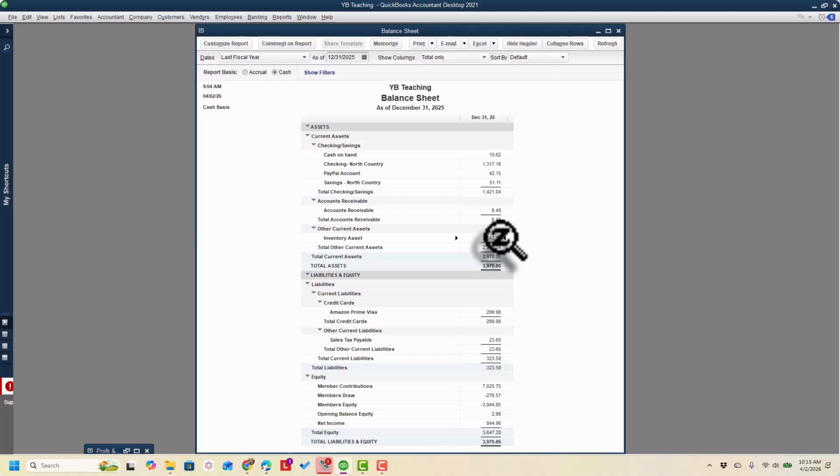It just gives you that total amount. Okay. Now, in order to get how much money you spent all year, you would first have to change this report to give you a balance sheet for January 1st, 2025. Write down that number and then look at this number and do the math. Okay.